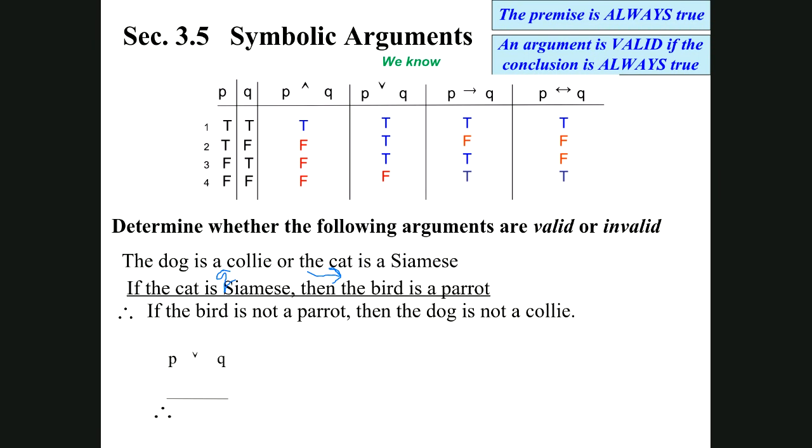That's a third statement, R. If Q, then R. Therefore, if the bird is not a parrot, if not R, then the dog is not a collie, then not P.